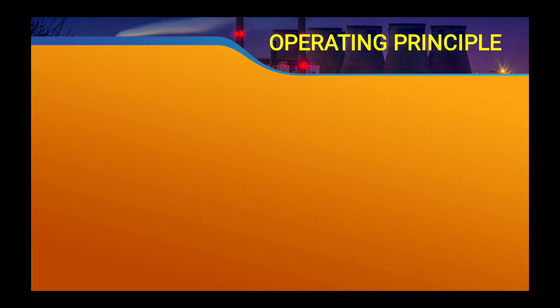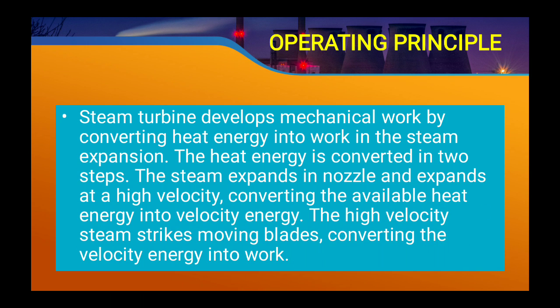Now the operating principle of the turbine. The steam turbine develops mechanical work by converting heat energy into work in the steam expansion. The heat energy is converted in two steps. The first step is the steam expands in the nozzle to a high velocity, converting the available heat energy into velocity energy.